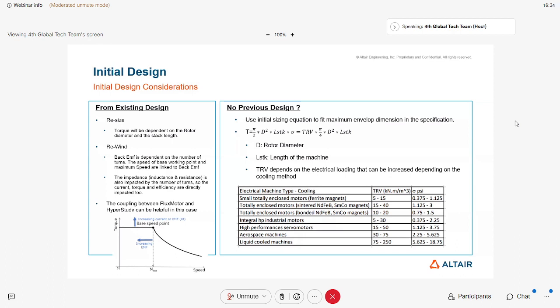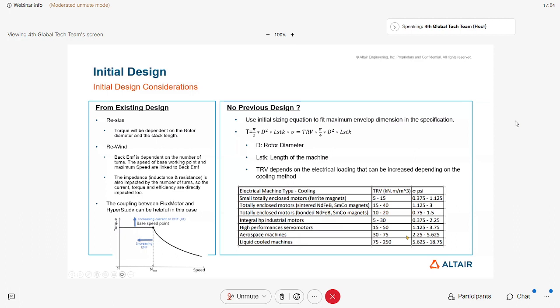if it's a permanent magnet motor or even a synchronous reluctance machine, there is a lot of literature and we can find some equations to start with. What we are going to use in our example tomorrow is more the TRV, which is the torque ratio per volume.